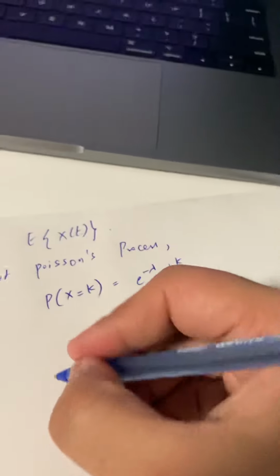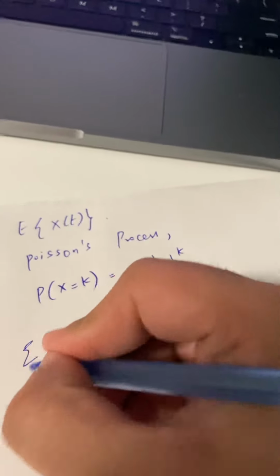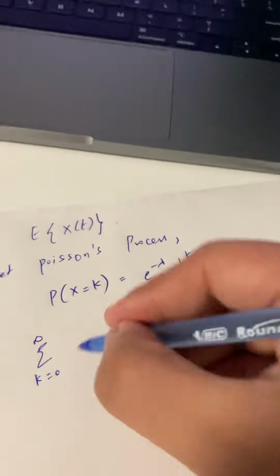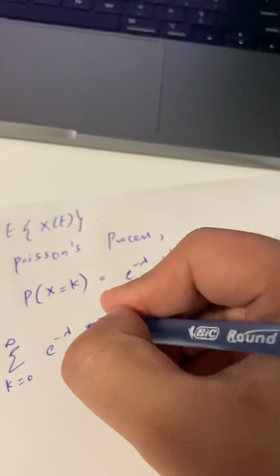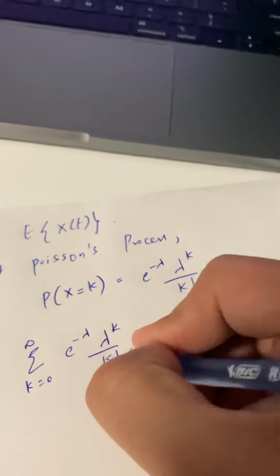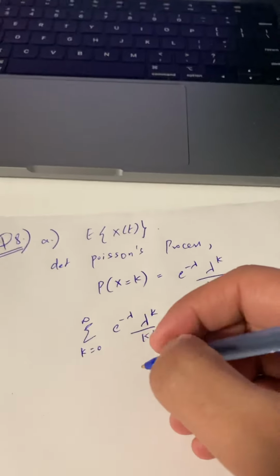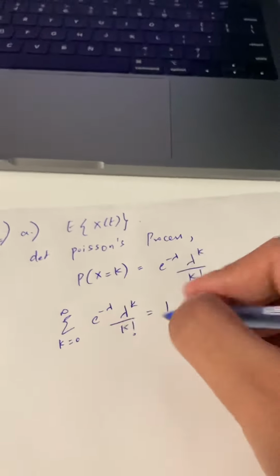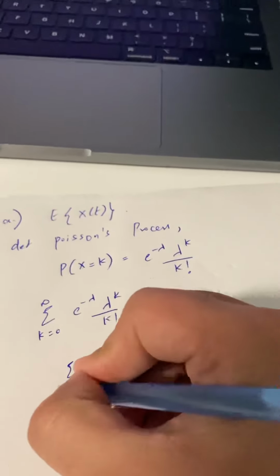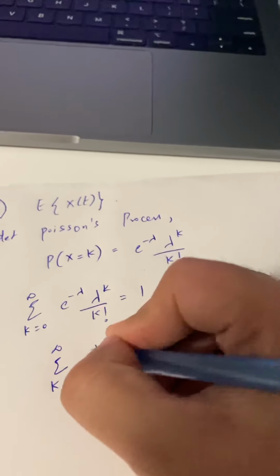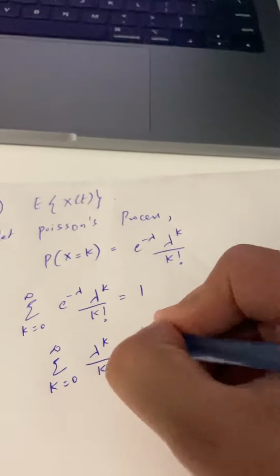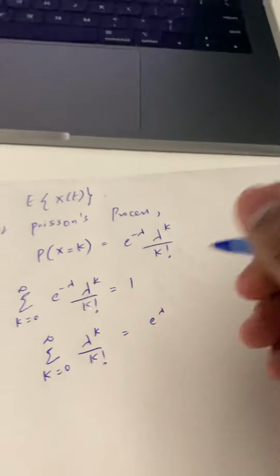We also know that the sum over k from 0 to infinity of e power minus lambda, lambda power k by k factorial must be equal to 1. So now let us take the e power lambda to this side: sigma k equal to 0 to infinity lambda power k by k factorial equals e power lambda.